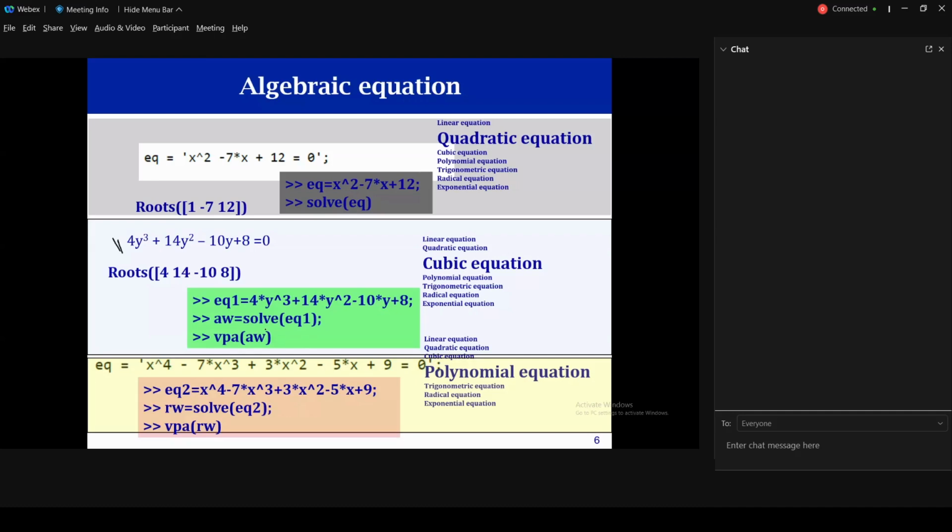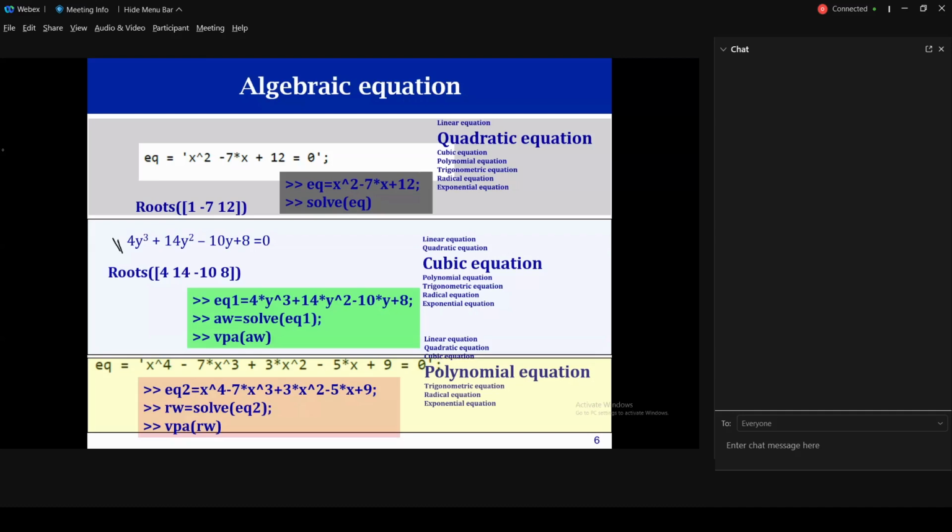So I have the equation as 4y cubed plus 14y squared minus 10y plus 8 is equal to 0. This is the equation I have. Let's say I'm going to solve it by solve.